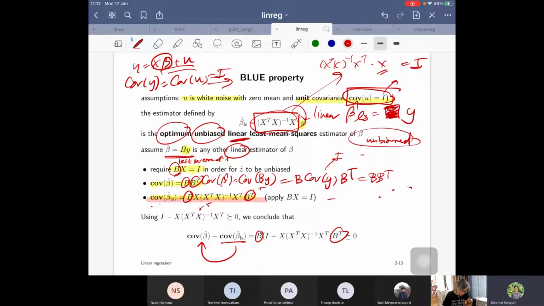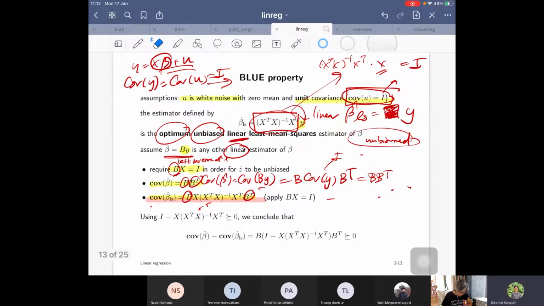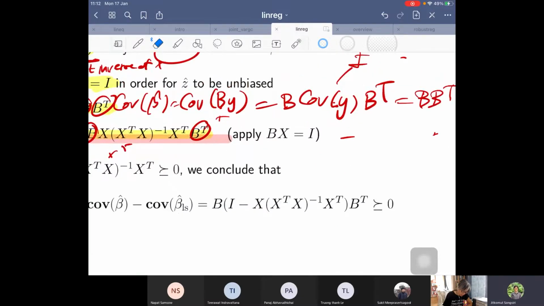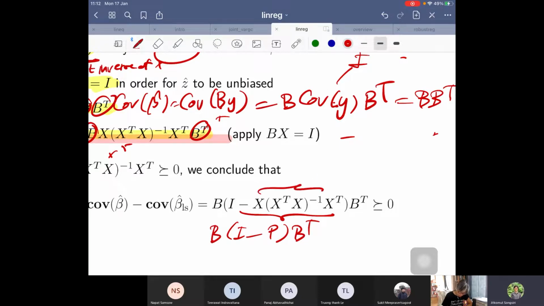From this result, it gives us a very important interpretation. First of all, it's in the form of B times a matrix, I minus P, times B transpose. You call this guy P. What is this matrix P? We have seen it before.